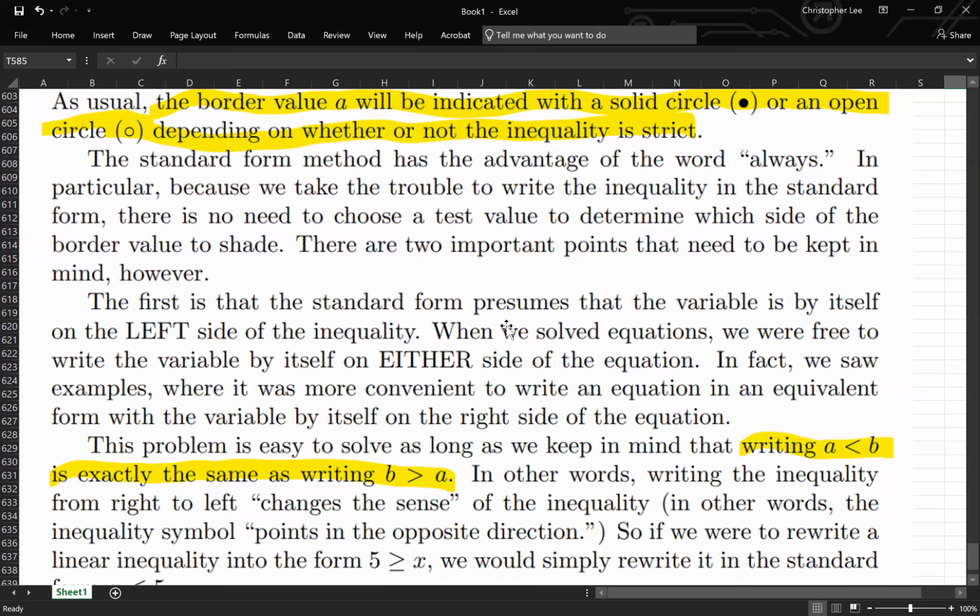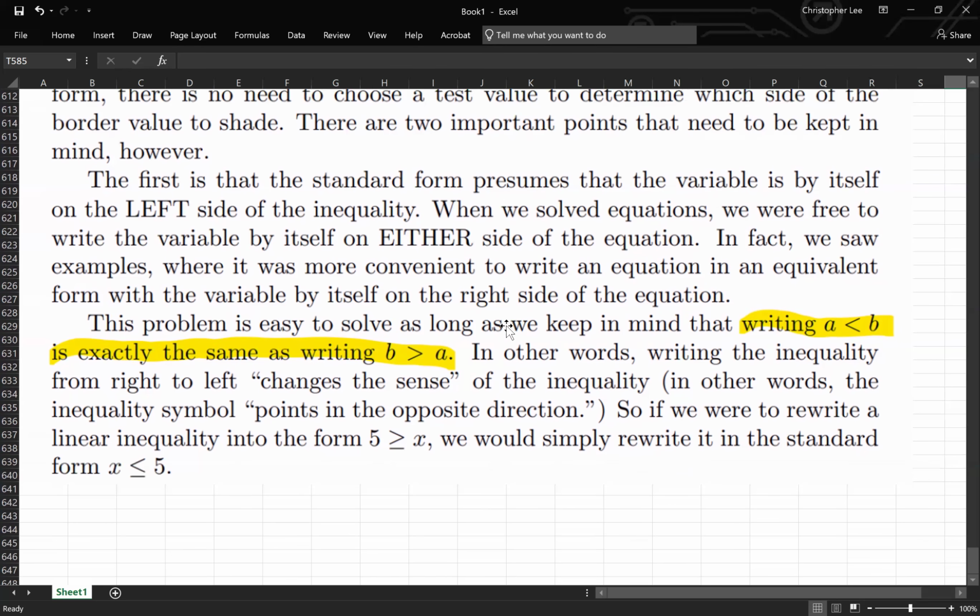They're mirror images of one another. You read them backwards, all right? So in other words, writing the inequality from right to left changes the sense of the inequality. In other words, the inequality symbol points in the opposite direction. So if we were to rewrite the linear inequality into the form 5 greater than or equal to x, right? We would simply rewrite it in the standard form, read it backwards, as x is less than or equal to 5.